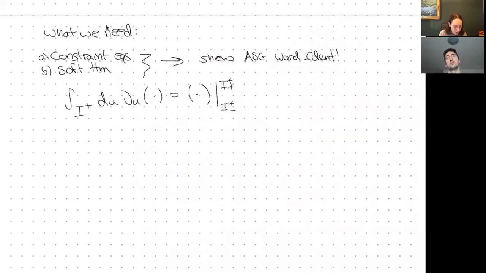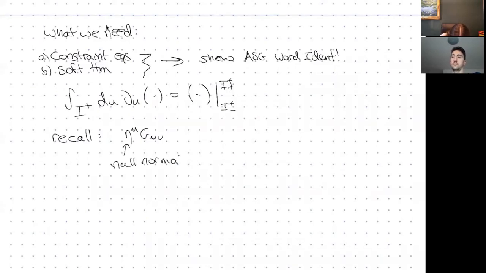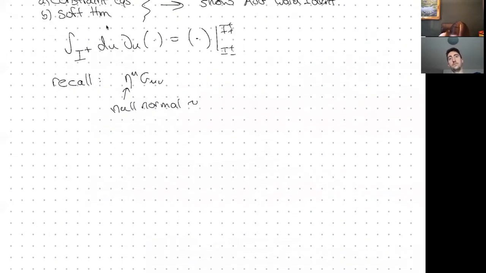So what did I have last time? Recall that n^mu g_mu nu, where this is my null normal to null infinity, which for these custom metrics is about this, with subleading orders and corrections to it for the actual non-flat metric.